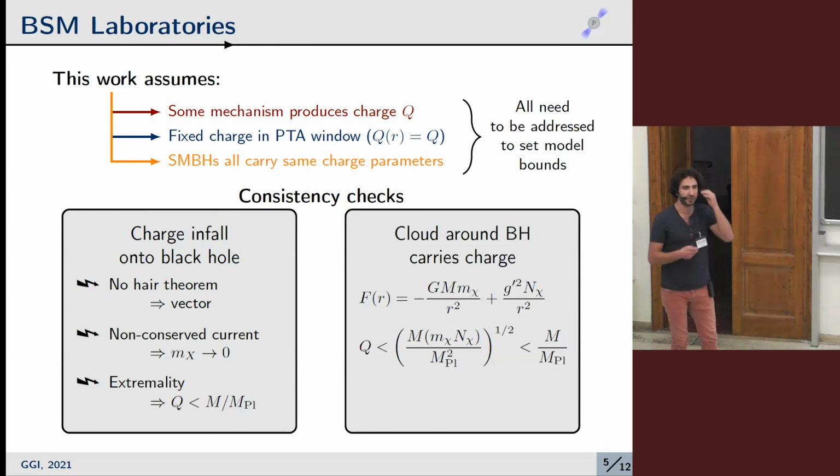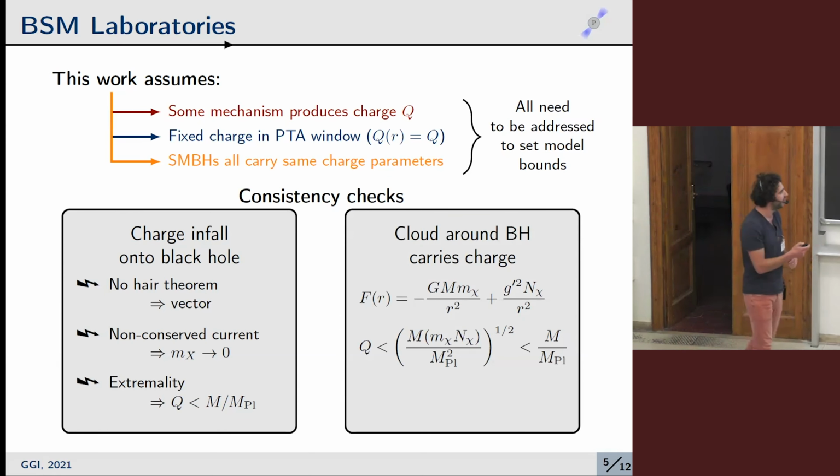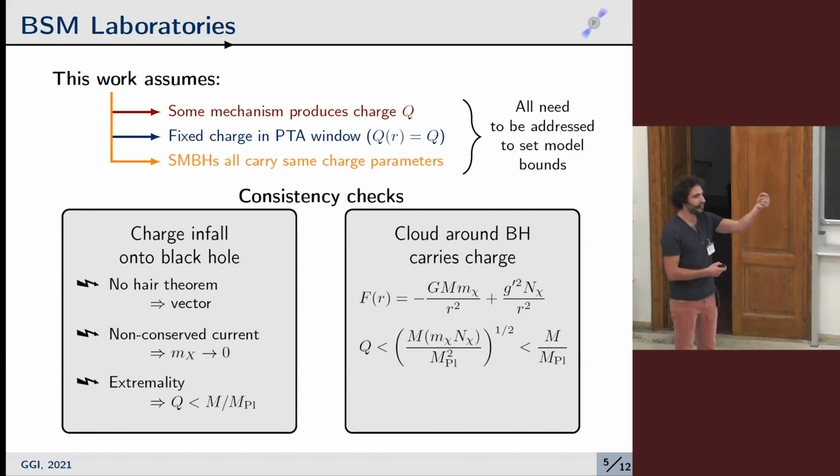Now, if you have particles that are surrounding the black hole, some sort of cloud, so it's not on the black hole itself, then you still need to satisfy some constraints. One of them, for example, is if you have a repulsive force, if you have some test particle inside that cloud, it should be bound to the cloud instead of being kicked out.